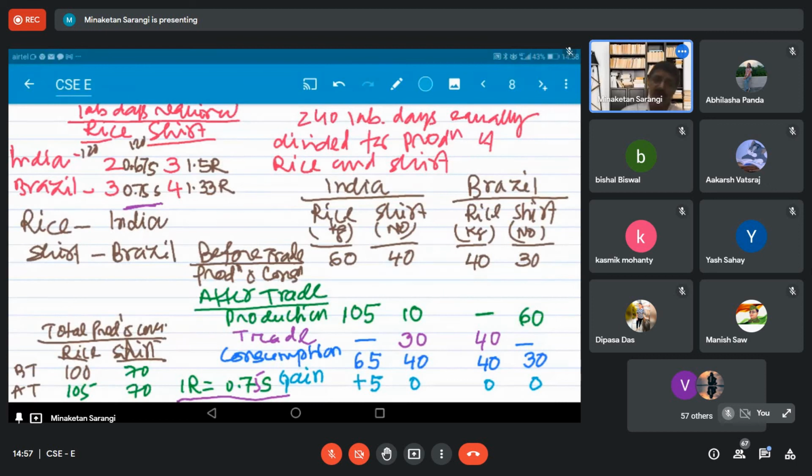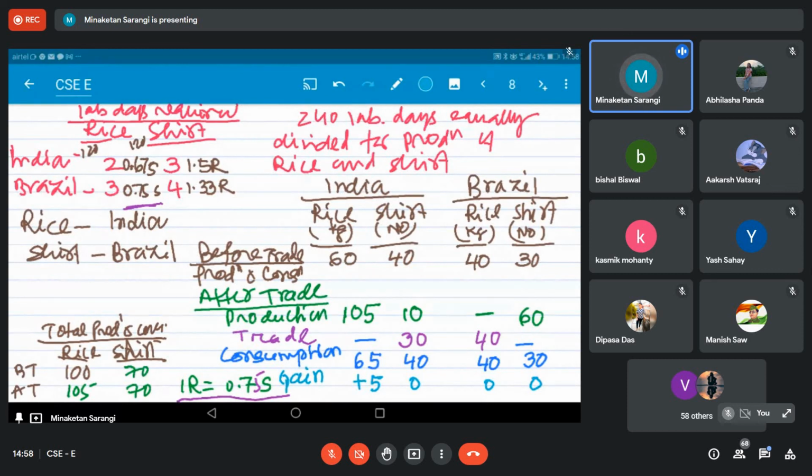So depending on the input ratio, the terms of trade, and how many labor hours are available, this will indicate whether complete or partial specialization is the case.